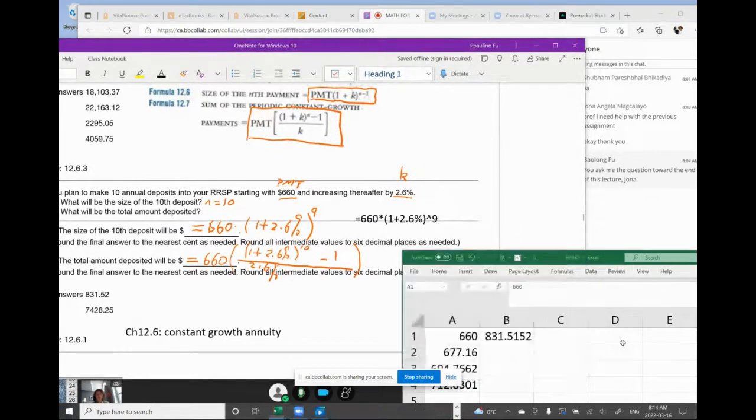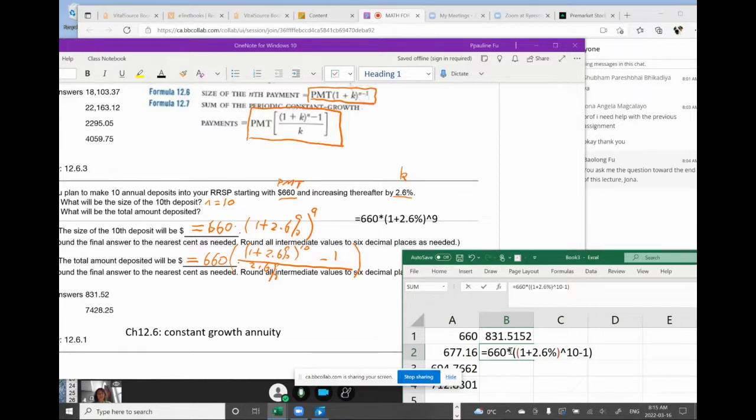again, I will use Excel to do the calculation here. So equal 660 times, there are two brackets, and then another bracket, 1 plus 2.6% raised to power 10 minus 1. Okay, minus 1.